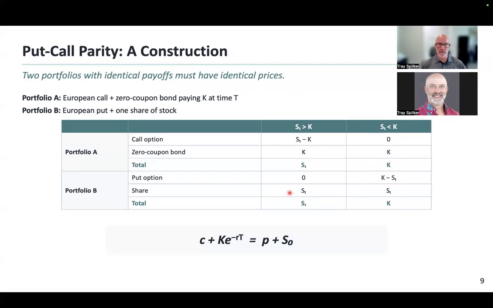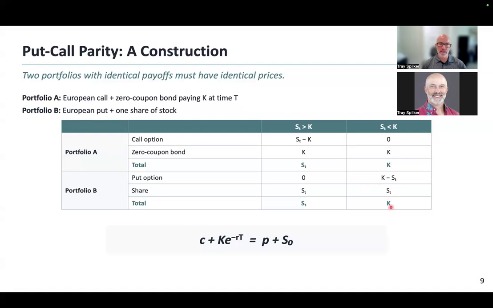The other part of portfolio B is a long position in the shares, which is ST in both situations. And so you'll see that this portfolio sums to a similar conclusion. That is, it's equivalent to the share price if the share price is above the strike, and it's equivalent to the strike price if the share price is below the strike price, because these STs cancel out here.